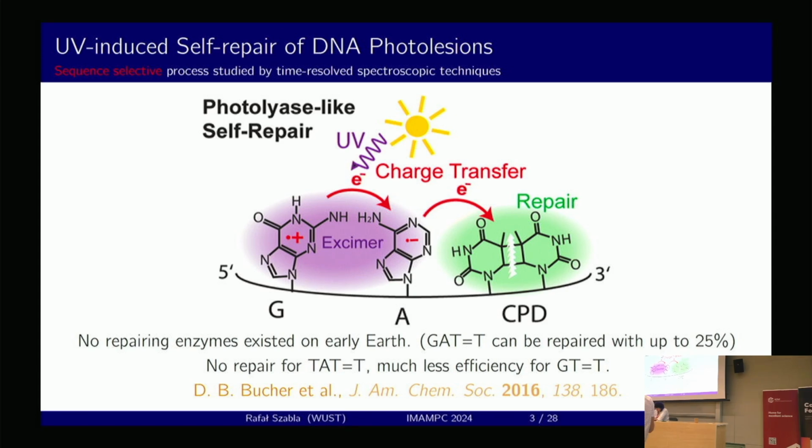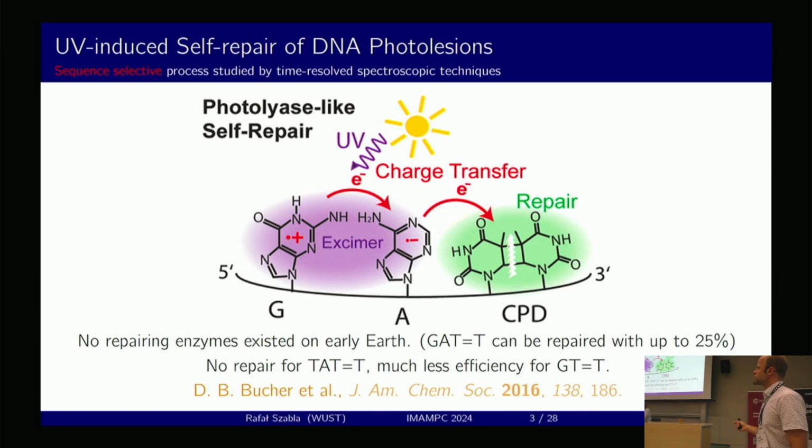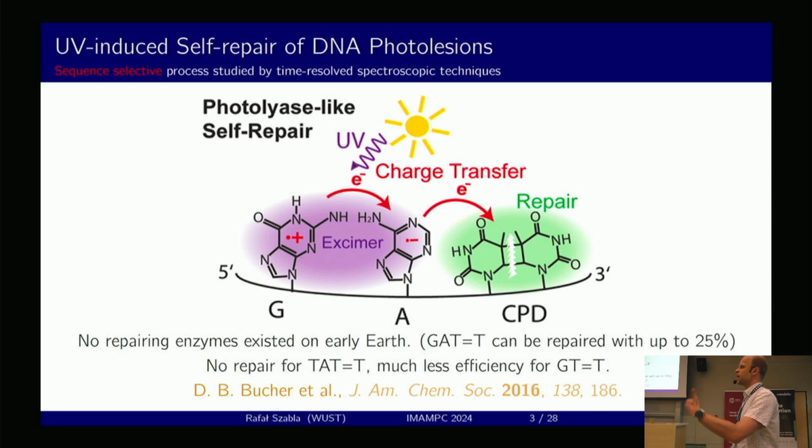For us it was interesting because we did a lot of work on the synthesis of prebiotic building blocks from the point of view of photochemistry and the selectivity that UV light offers. But we were aware of the problem that once you get DNA strands without enzymes, they will be photodamaged.